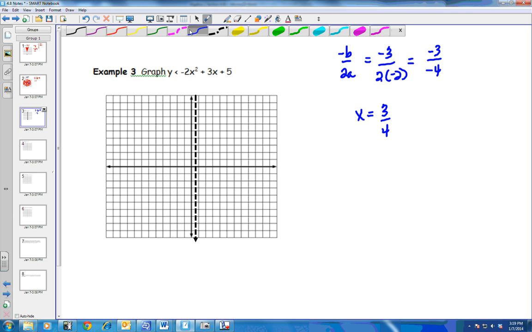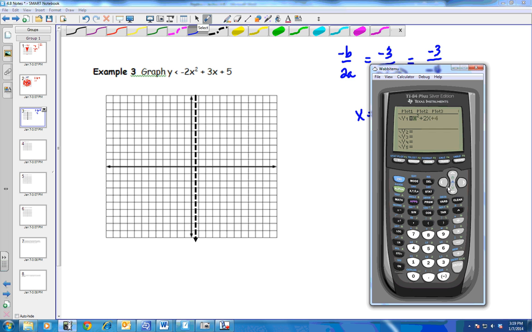All right. So let's go to our calculator. I'm going to hit y equals, and I'm going to type in my new inequality, -2x squared plus 3x plus 5. Okay, I'm going to graph that. It makes sense that it's pointing down. Let's see how far up this goes.